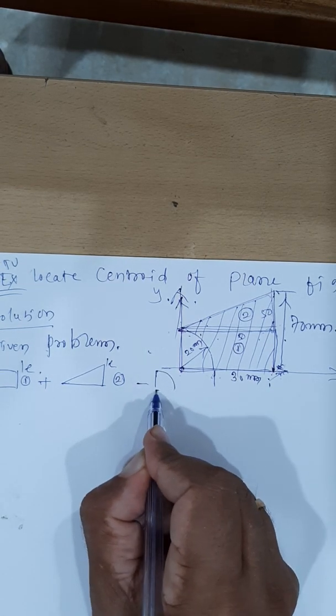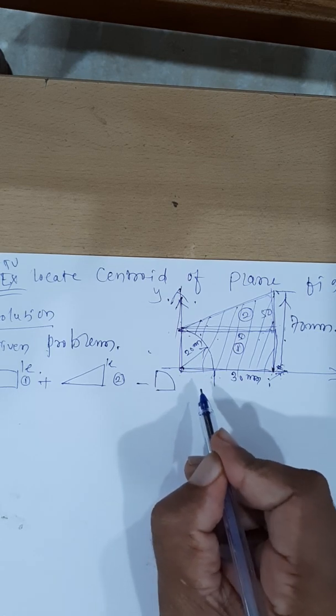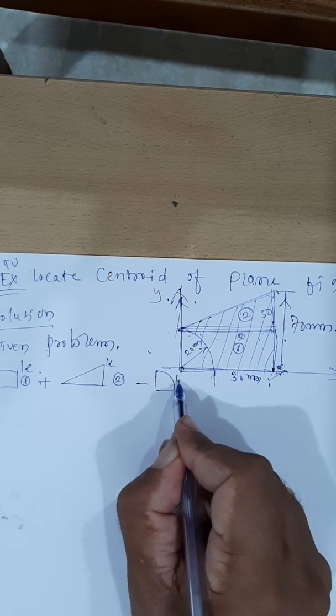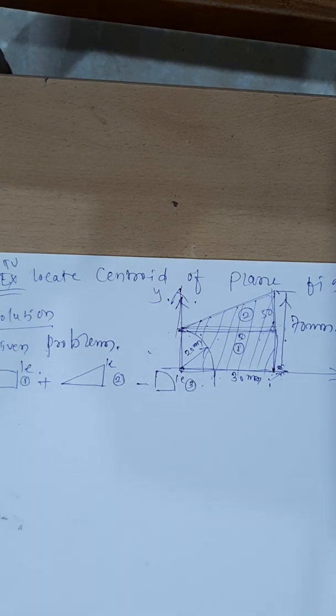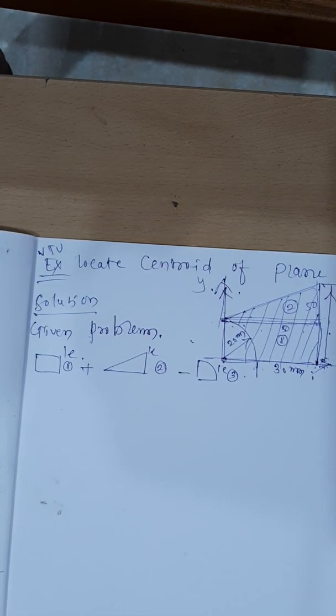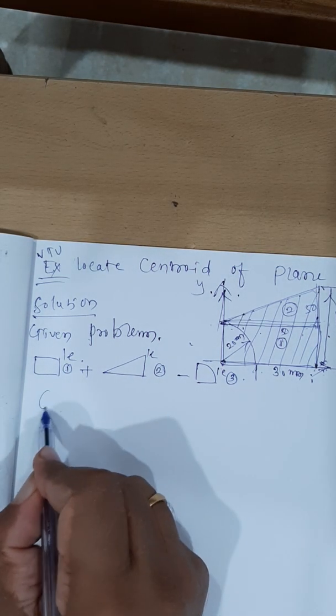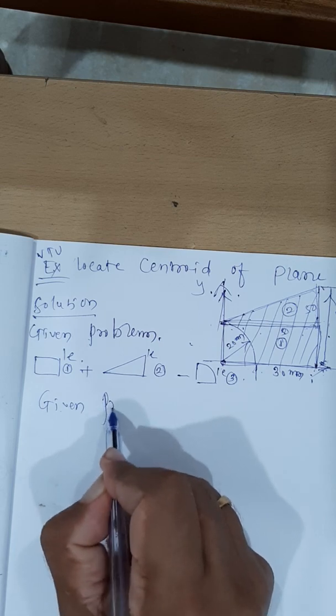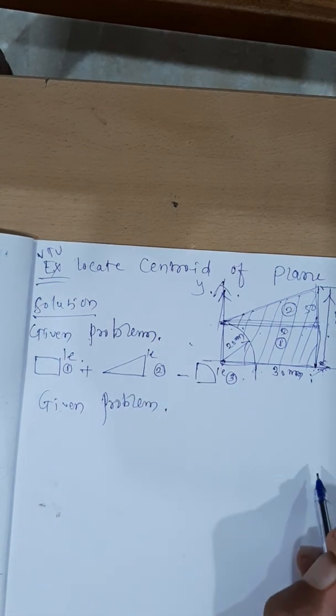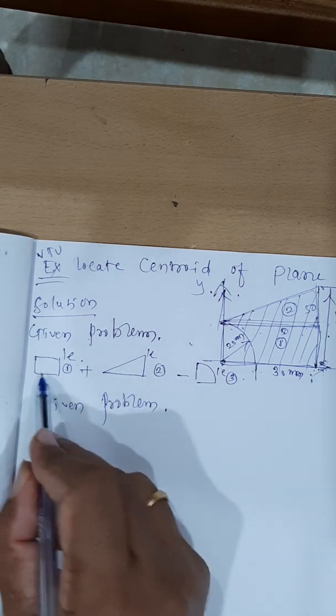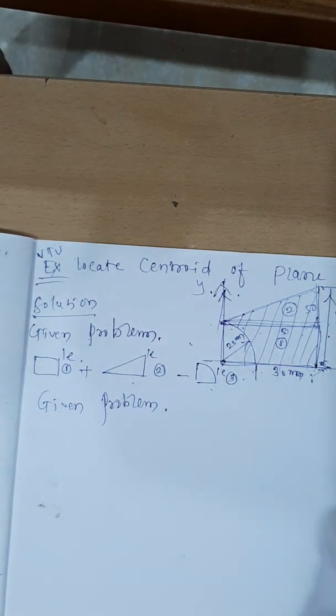So the given problem is rectangle 1 plus triangle 2 minus semicircle 3. You have identified the problem.